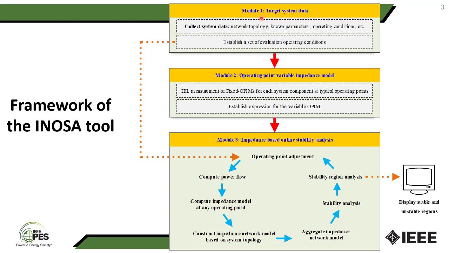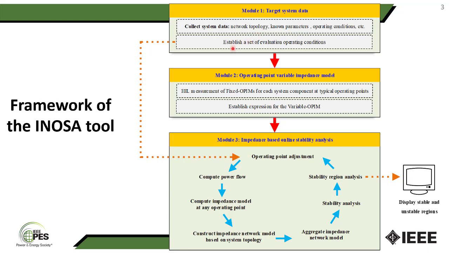The tool consists of 3 modules, where the first module is based on collection of system data. In this module, we input the data, which is network topology, for example, the other known parameters of the system, transmission lines, or other system parameters that are already known and fixed.